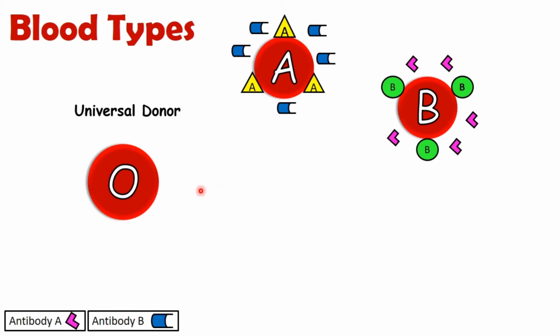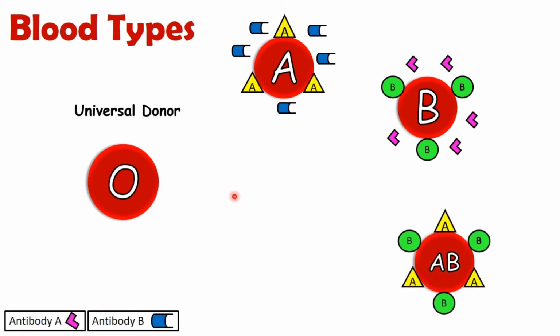This is because there is no antigen present here. Of course, for AB persons, who don't have any antibodies, there would not be any reaction at all. This makes type O blood a universal donor.